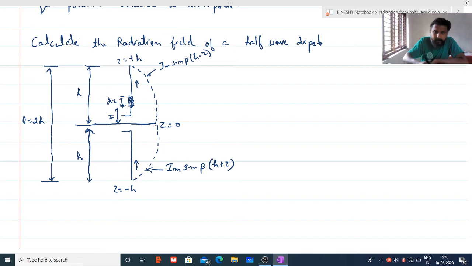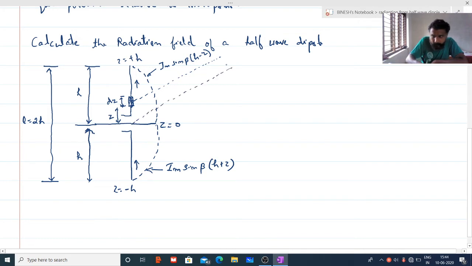This will be radiating at a further point, I will take from here, it will radiate to a distant point somewhere, point P, from the center. I will call this point P.